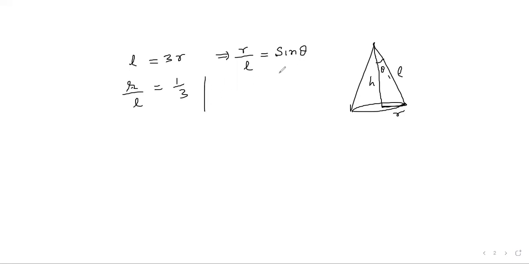So sine theta will be 1 by 3, or theta equals sine inverse 1 by 3. So this was our purpose. As the question was, prove that the semi-vertical angle of the right circular cone of given total surface area and maximum volume is sine inverse 1 upon 3. So we have got the answer. Thank you for watching.